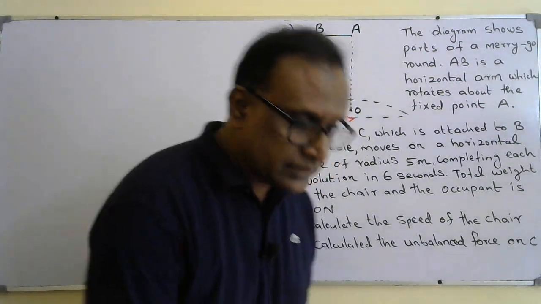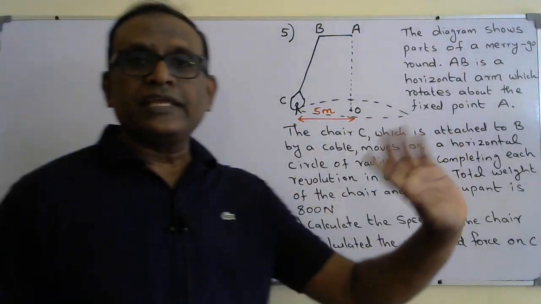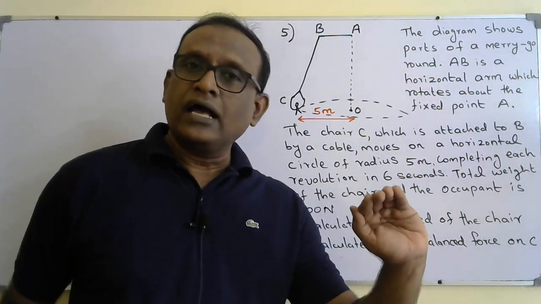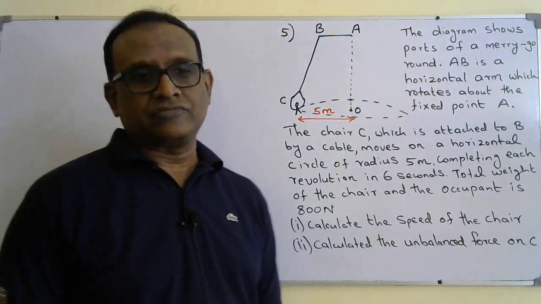That's the first part. We know the time period and we know the radius, so we can use v equals r omega, with omega equals 2 pi over T. By using those two equations, we can find the speed.